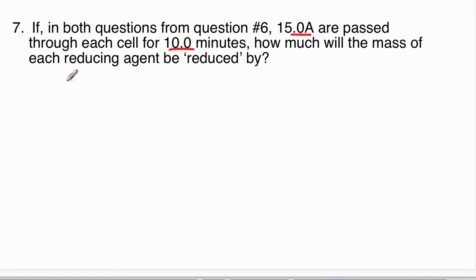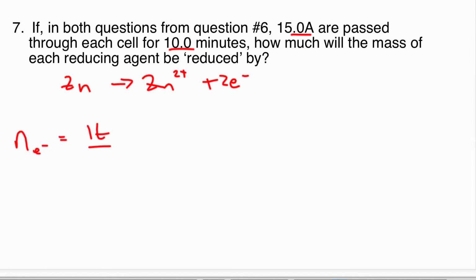So really the equation is zinc as a reducing agent produces zinc ions and 2 electrons that it gives to the wire. That's the reaction happening. But given this information here, I need to go and do my formula. Moles of electrons is equal to IT over Q. The amperage is 10, and that's 10.0 coulombs per second.